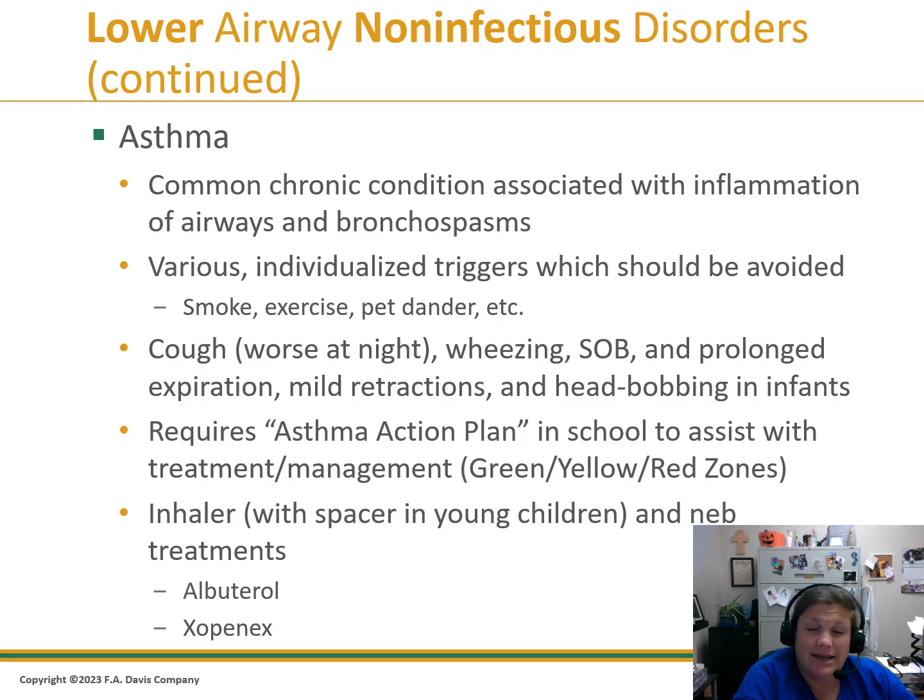And in that plan, it basically spells out these different zones, green, yellow, and red, that when these symptoms happen, they're considered this zone and they need this treatment or this management for this patient. So it might be like with green, we don't need anything.